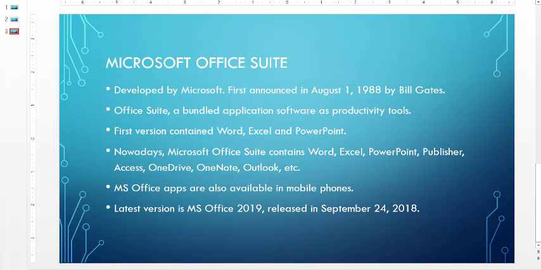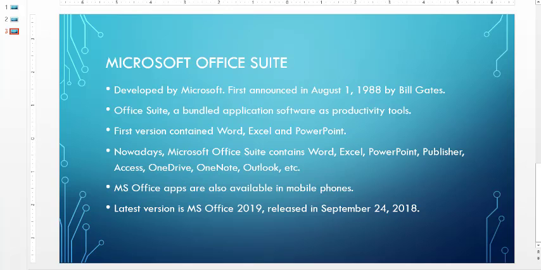Just a brief history or background about Microsoft Office Suite. It is developed by Microsoft. It was first announced on August 1, 1988 by Bill Gates. You could also call it Office for short. It is a bundled application software of productivity tools.